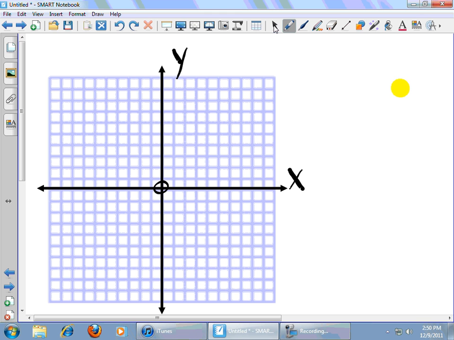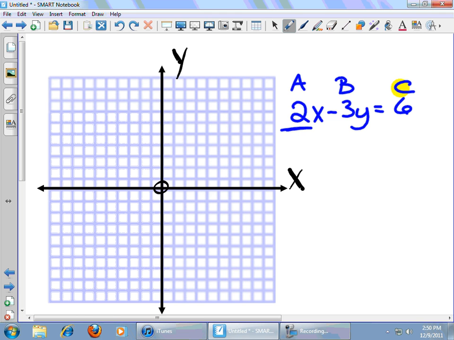Okay, let's say we had an equation that looks like this. 2x minus 3y equals 6. Well, this is in standard form, so I'm probably going to either find both intercepts, graph it that way, or find one intercept and the slope. I'm going to quickly review that A, B, C. And remember that A must be positive.